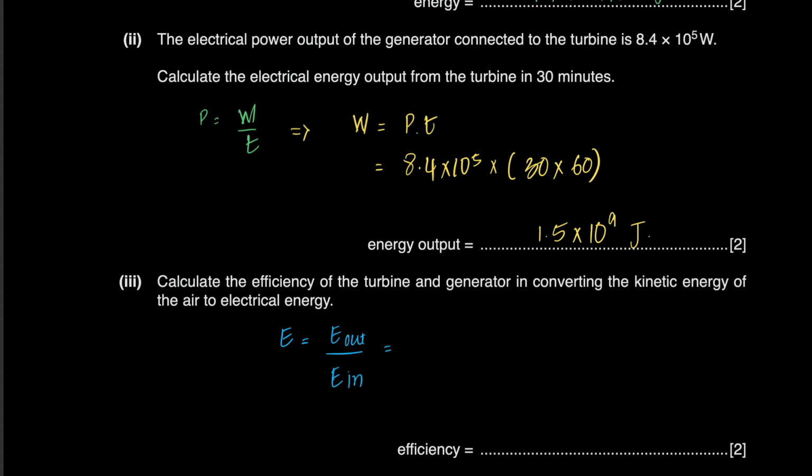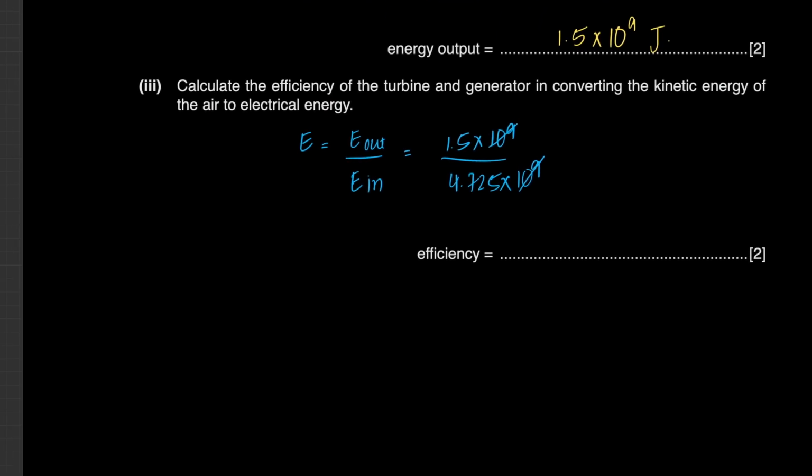The output came out to be 1.5 times 10 to the power 9, and input is 4.725, or 4.7 is fine as well, times 10 to the power 9 again, so this cancels out. In decimals you can give it as a percentage, so let's go with percentage. It's 31.7%.